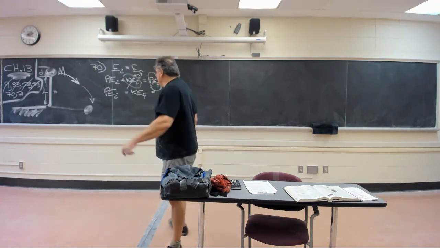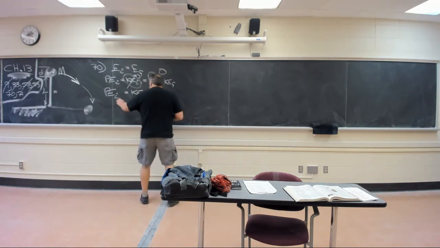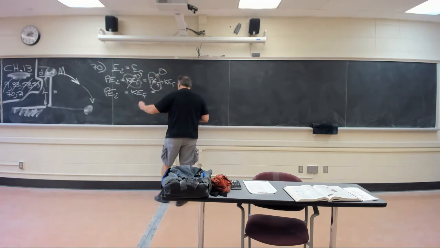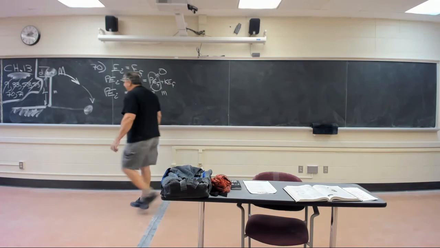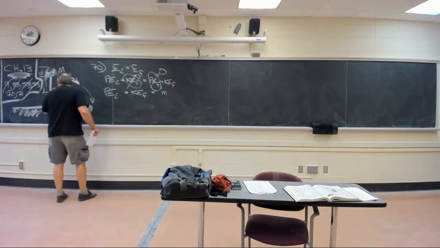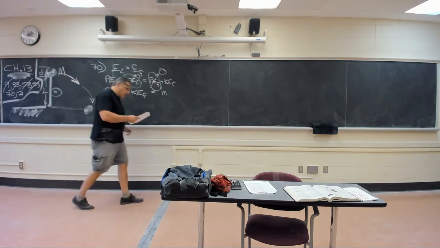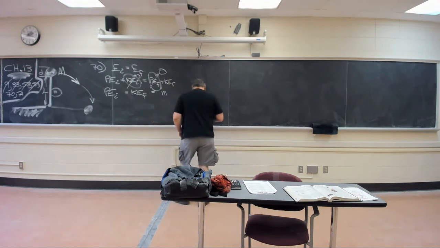So PEI equals KEF, and that's going to be the final kinetic energy. How about mass? Now we've got to be careful here. This is the mass of the rod, which I'll say M sub r.